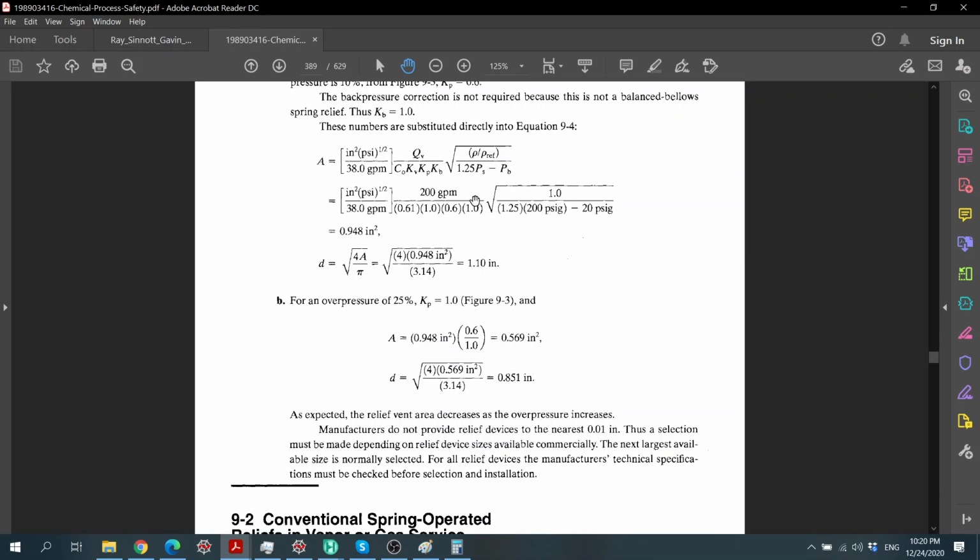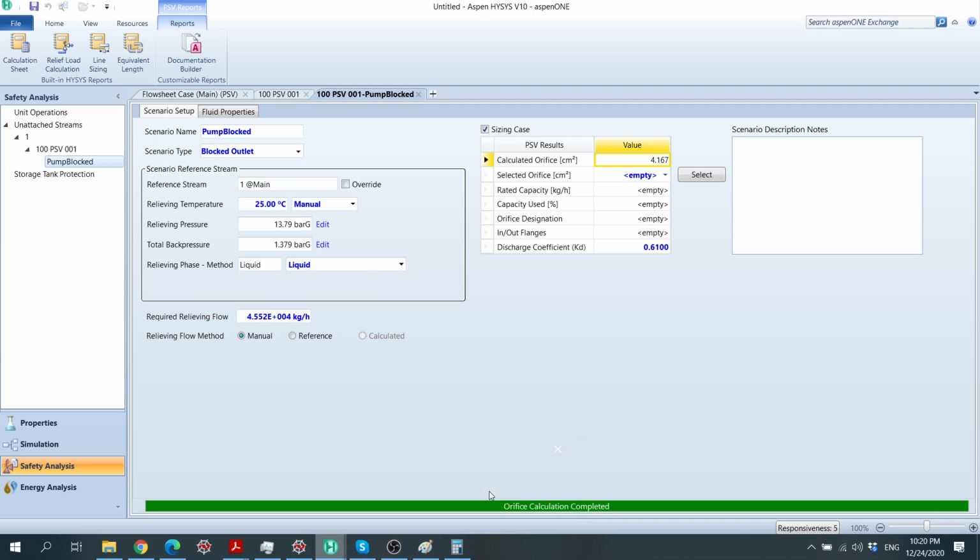KV is one, KP and KB. I think KB is also one. KP and KB. Leaving pressure, it's the same.